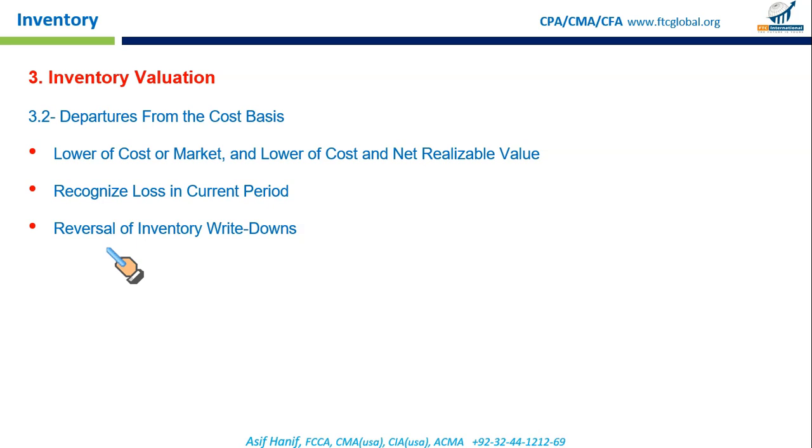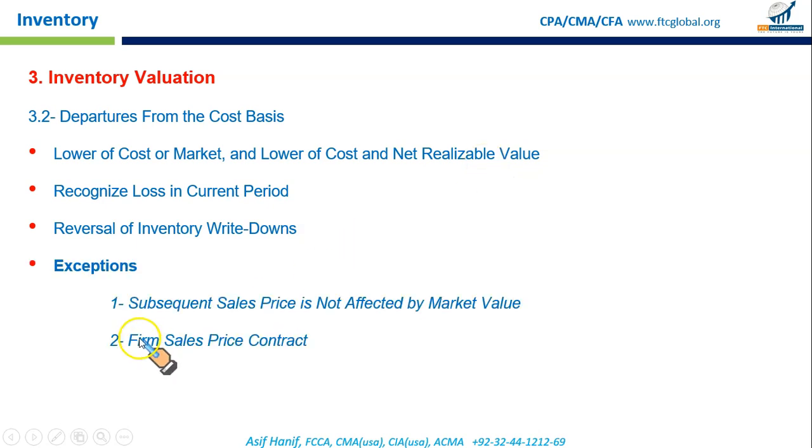That's an important point. Well, this lower of cost or market or lower of cost or NRV rule doesn't apply in the following exceptions. First, subsequent sales price is not affected by the market price.